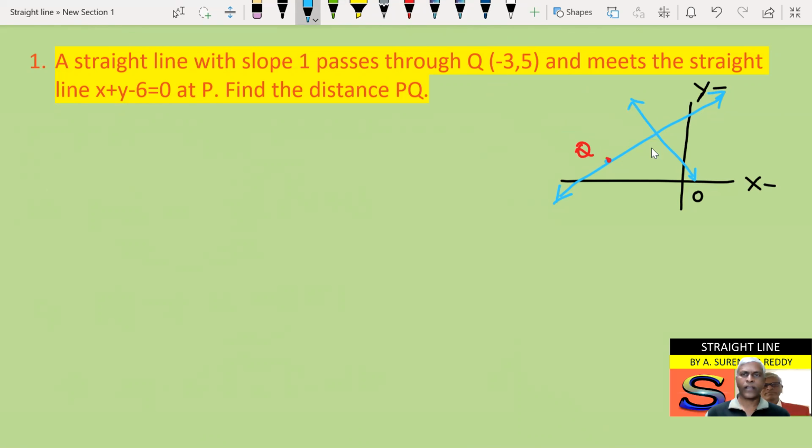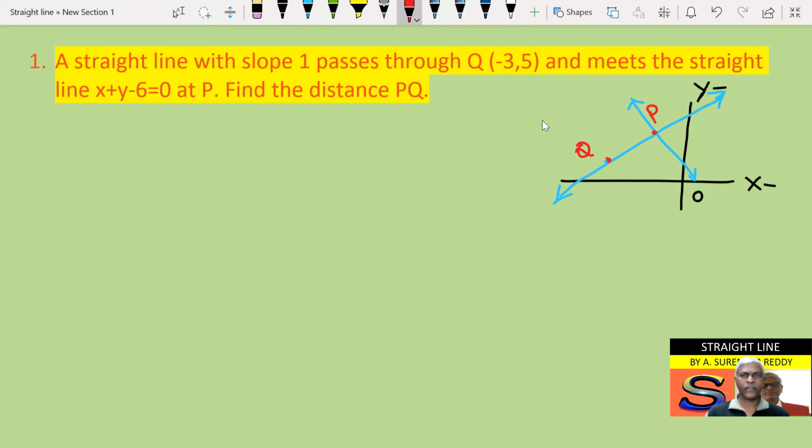It is meeting the other line at P. A line passing through Q with slope 1 meets another line x plus y minus 6 at P. Then find the distance PQ. We have to find this distance PQ.